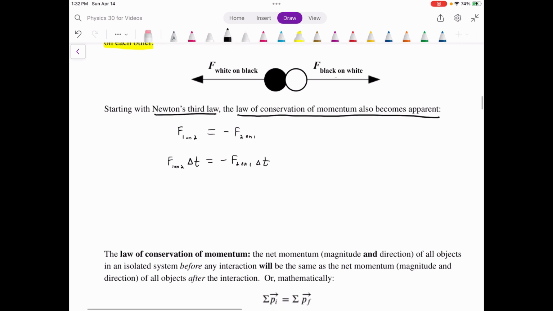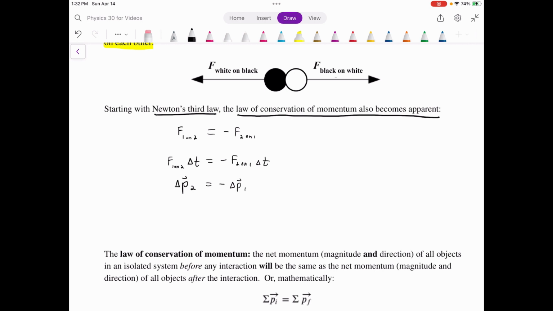All right, well now what does this represent? This is the impulse of object 2, right? This is the force that was acting on it for this amount of time. So this is the impulse of object 2, and that's equal but opposite to the impulse experienced by object 1.